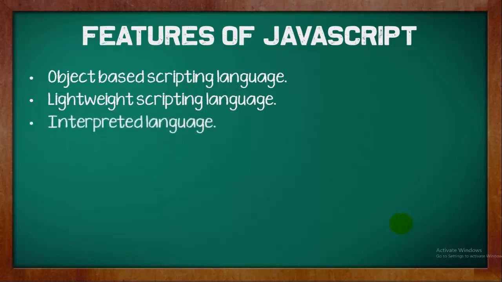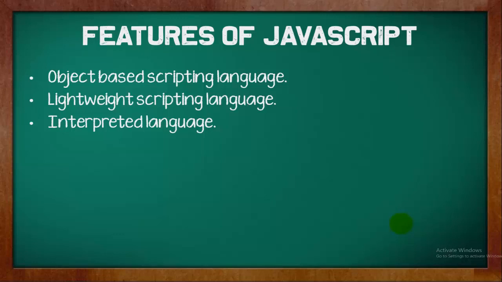Okay, the next one is interpreted language. Now, what is this interpreted? Before going to interpreted, we have to concentrate on one particular thing, that is compiler. Since we studied C and C++ before, C and C++ execute based on a compiler. What is the meaning of that? A compiler will find errors and ask you to resolve, debug those errors.